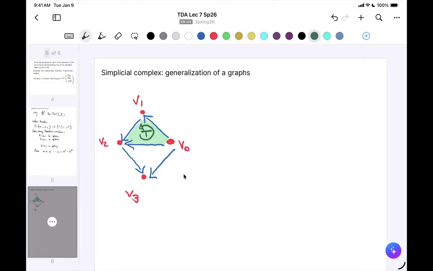Because this one goes from 0 to 1, I'll call this E01. Because this one goes from 1 to 2, I'll call this edge E12. So I name the edges according to their starting point and final point, or their source and target, which is the other name for this.